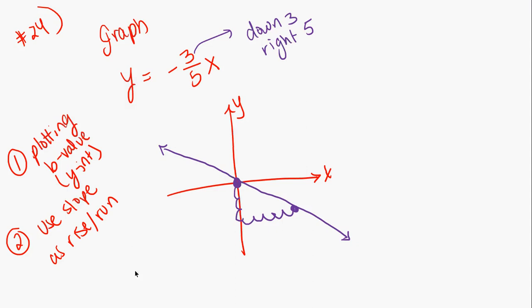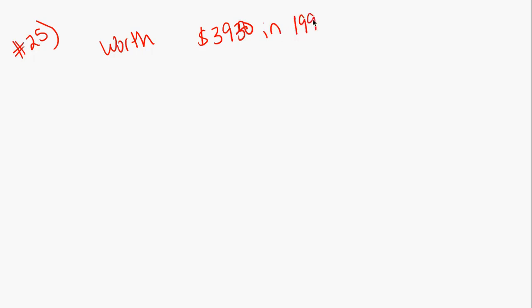All right, last question of the bunch. Number 25. It says an investment is worth $39.30 in 1995.